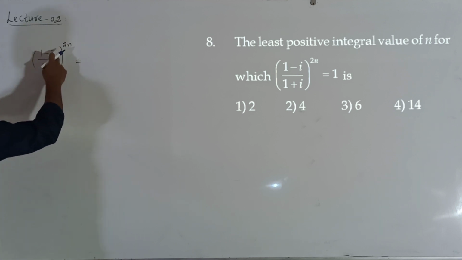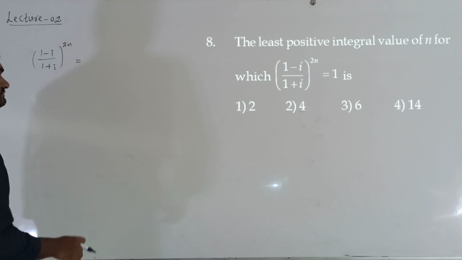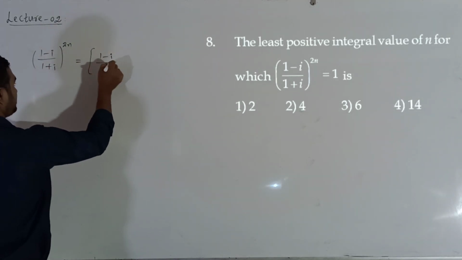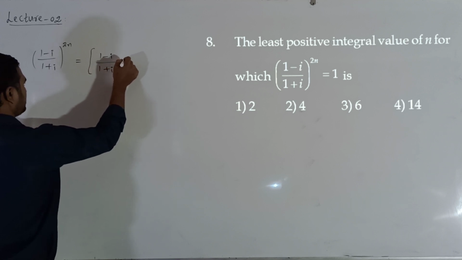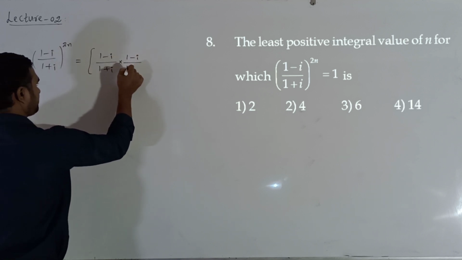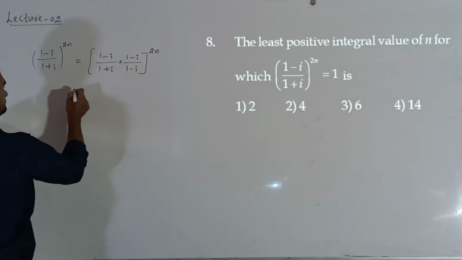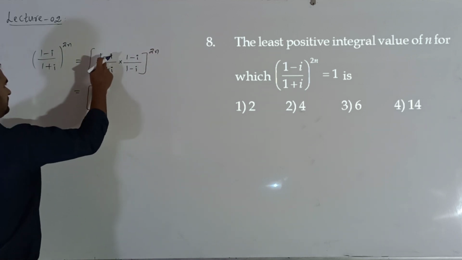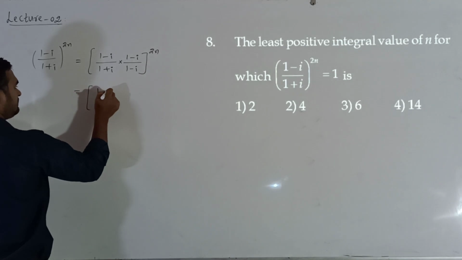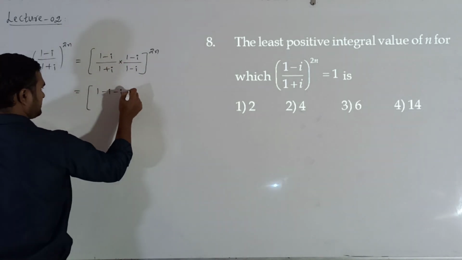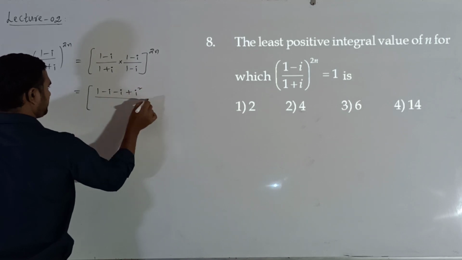So to simplify this, we have to rationalize the inside term. So we have 1 minus i divided by 1 plus i. Now multiply and divide by 1 minus i, whole to the power of 2n. Numerator: multiply 1 minus i, minus into minus is plus i square.